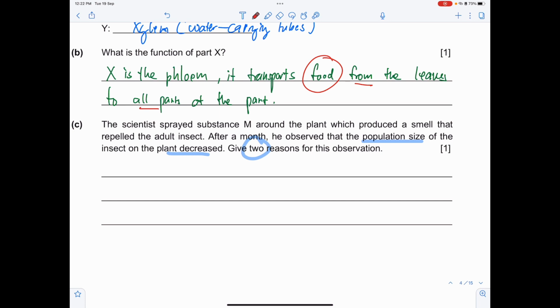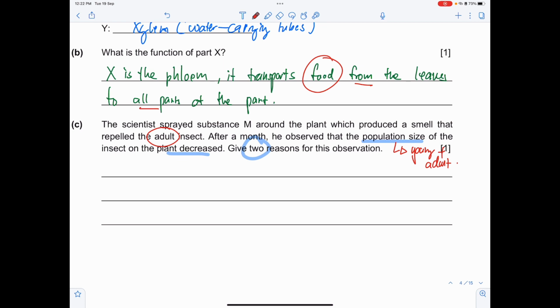It does not just talk about the adult. When we talk about population size, it actually talks about both the young and the adult. As long as it's the young, it's also counted as part of the population.